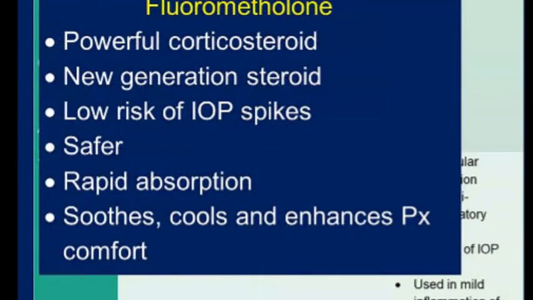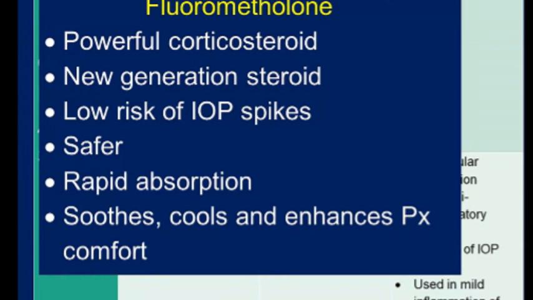So the furoate alone is the most powerful corticosteroid, the topical corticosteroid. Yeah. So it's the new generation steroid, and there's low risk of IOP spike. And that is why it is safer, and there is rapid absorption. One sweet thing about it is that it soothes and cools the eye, and it enhances patients' comfort.